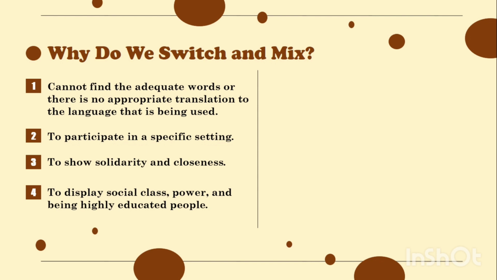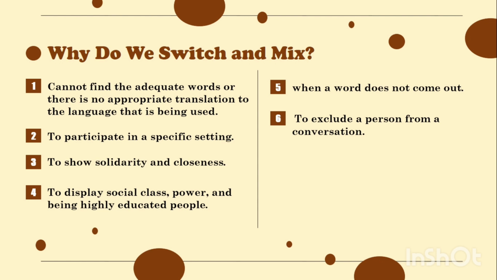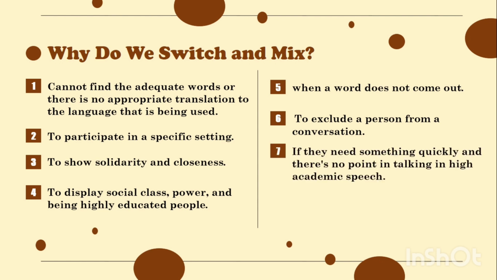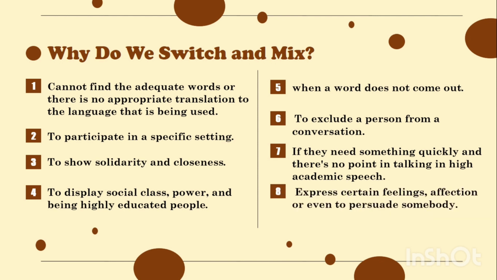To display social class, power, and being highly educated people. 5. When a word does not come out. 6. To exclude a person from a conversation. 7. If they need something quickly and there is no point in talking in high academic speech. 8. And finally, express certain feelings, affection, or even to persuade somebody.